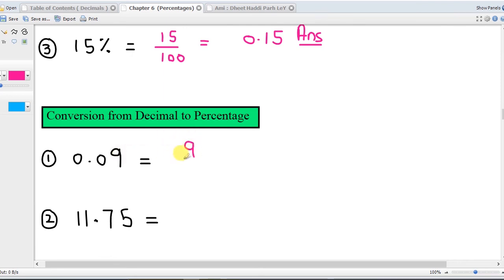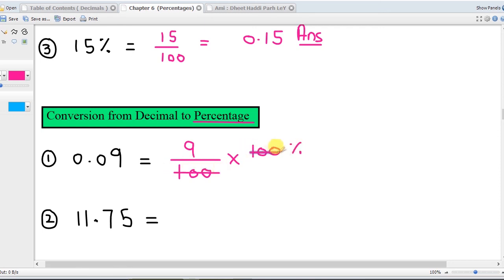But let's just first convert it into a fraction. So get rid of this decimal point, write 1. After the decimal point there are how many digits? 2 digits. So write 2 zeros. Up till now I have just converted this decimal into a fraction. Now I have to convert it into a percentage. So simply for percentage, you have to times it with 100%.